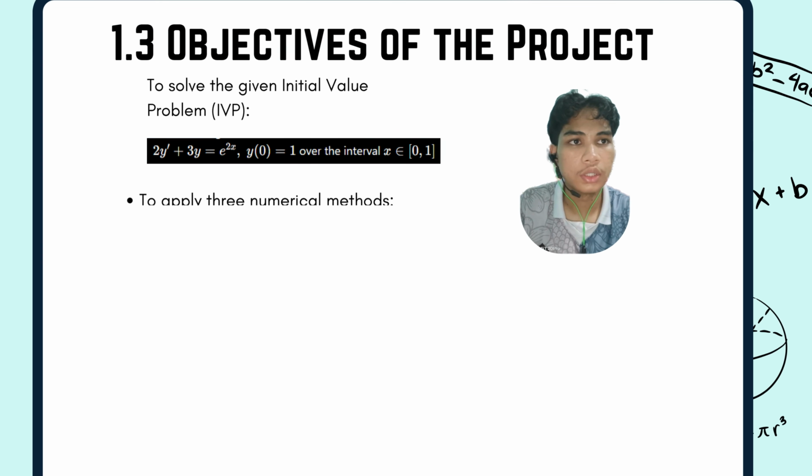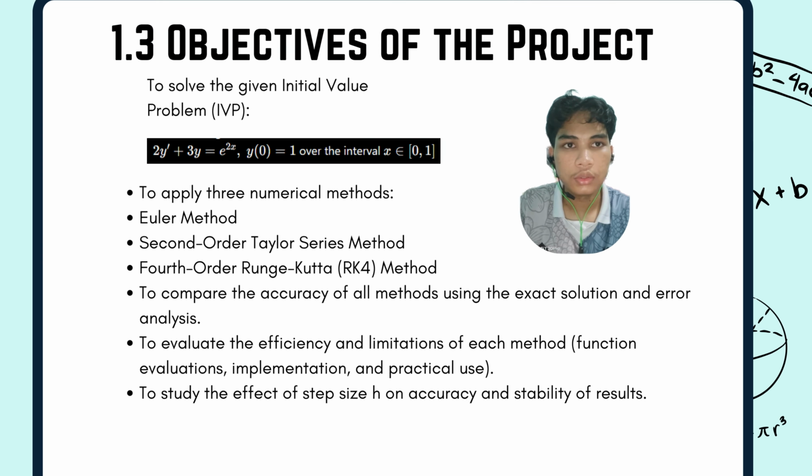Next is the objective of the project. The first objective is to solve the given initial value problem. So this is the problem. Number two is to apply three numerical methods: the Euler method, the second order Taylor series method, and the fourth order Runge-Kutta, or RK4, method.